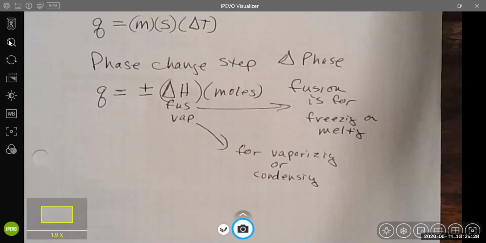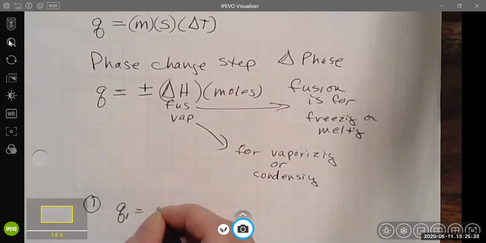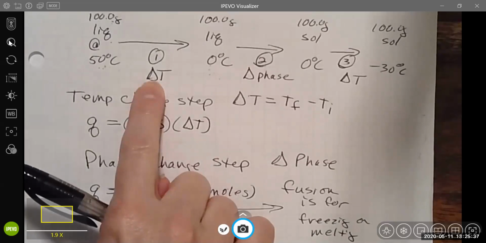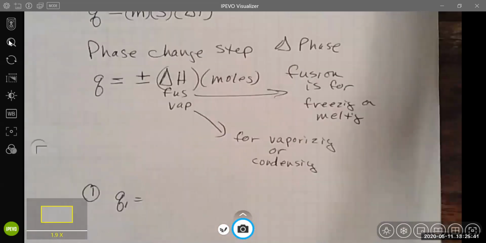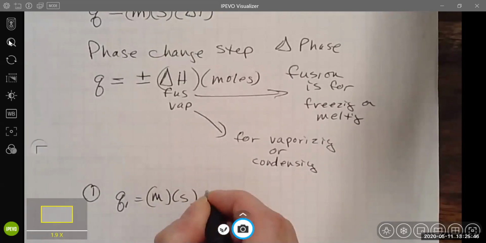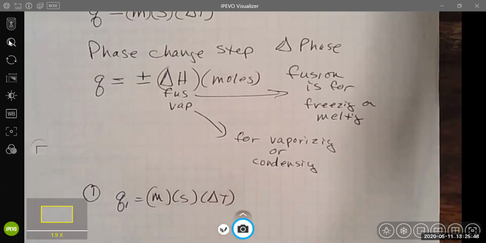Okay, so the first one, Q1. Remember we said Q1 was a temperature change, so we're going to use this formula. I'm going to copy it down. Mass, specific heat, change in temperature.